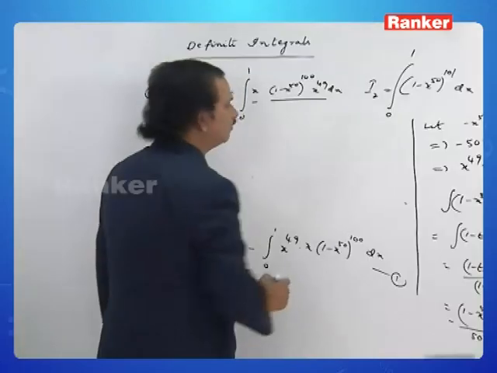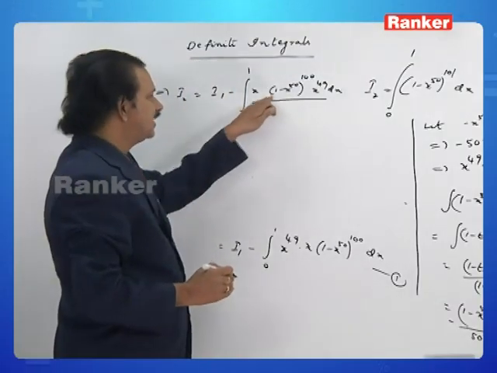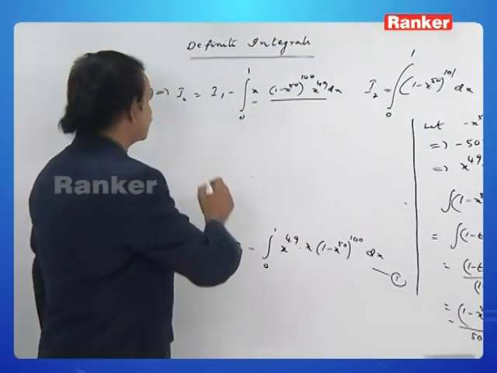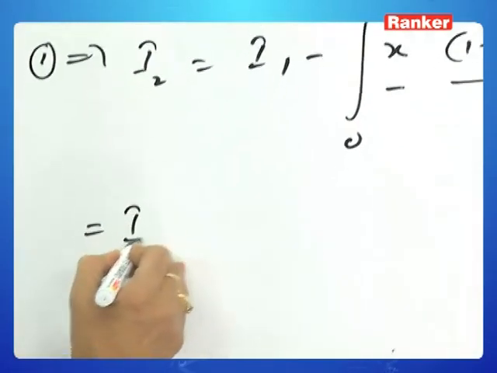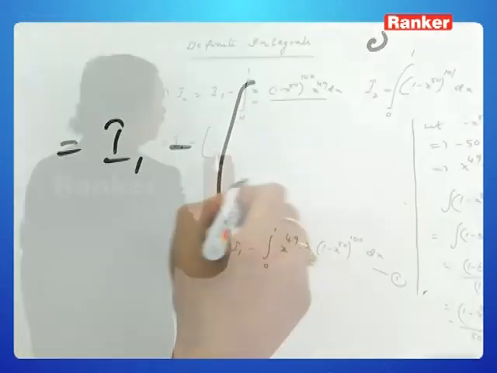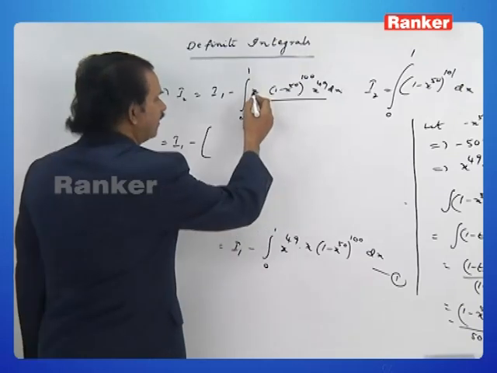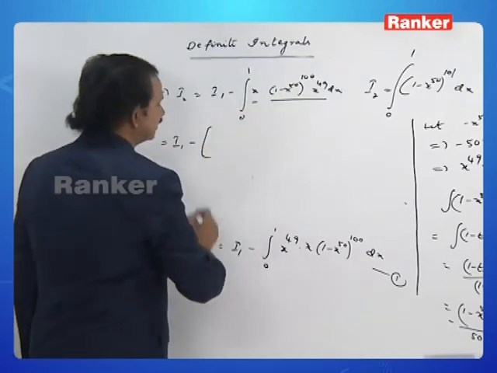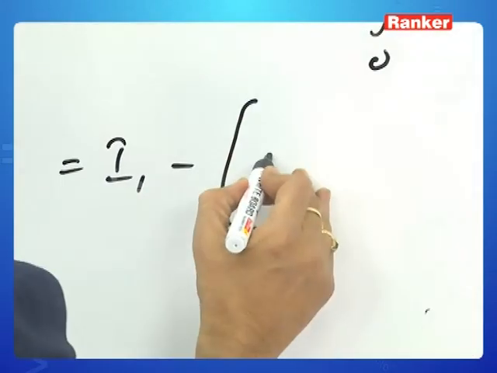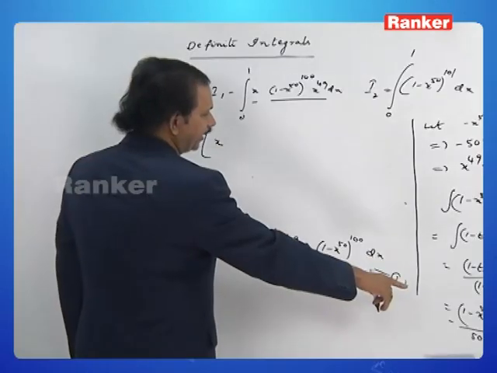Let us make use of this as integration by parts, so that this is I1 minus f of x into the integral of g of x, that is x into the integral of that.